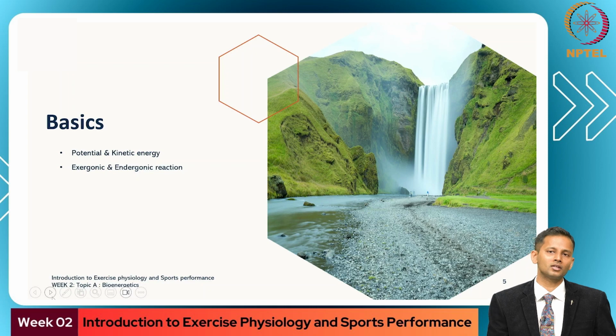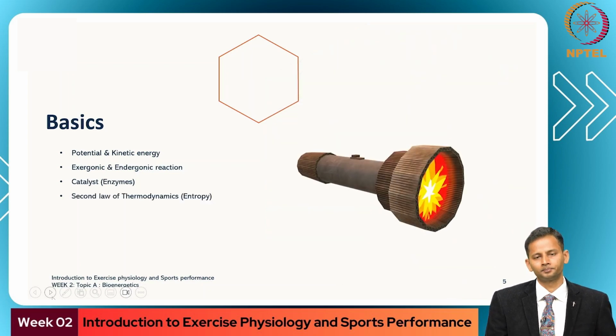If the energy is absorbed into the reaction from the environment, then it is called an endergonic reaction. There are certain substances which hasten these reactions. Those are called catalysts. All of us would have studied this in our chemistry classes. A catalyst is a substance which hastens a chemical reaction. In the human body, it is the enzymes that act as catalysts.